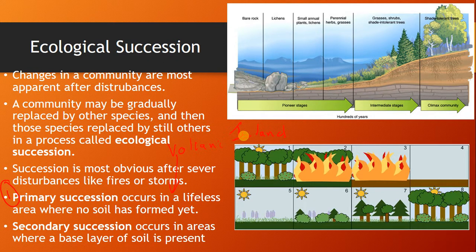That is primary succession. Secondary succession, on the other hand, occurs in areas where there is still a base layer of soil present. So soil, seeds, and things that need soil can usually take place in secondary succession. That's depicted by both these pictures.